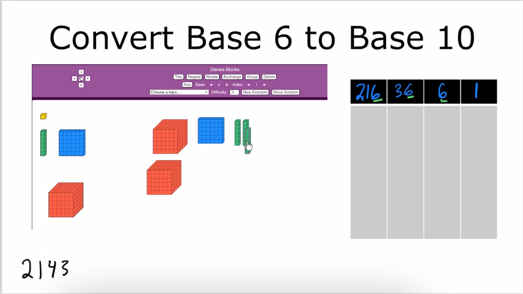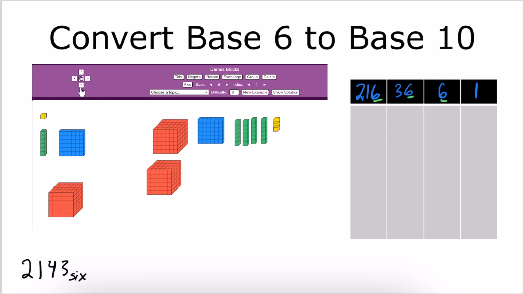Got 4 of the greens, and then 3 of these. Okay, so this number in base 6, which I'm going to represent by writing the word 6 as a subscript, because that tells me what base it's in, and this is the same notation you'll see in your textbook as you're working on your homework.